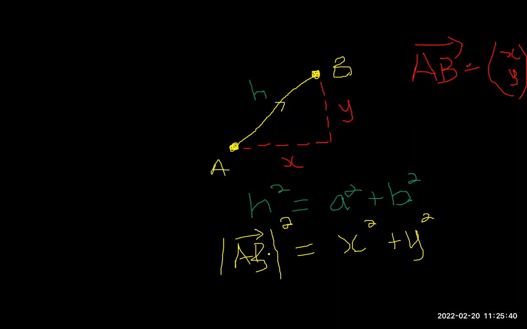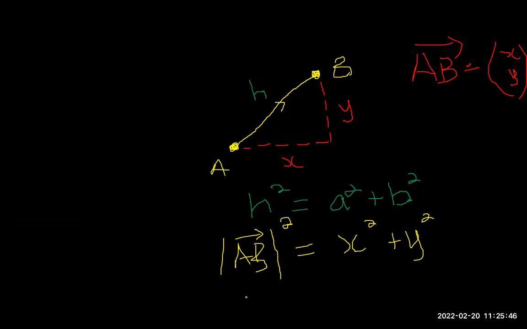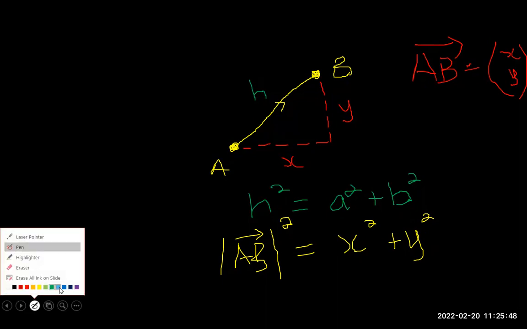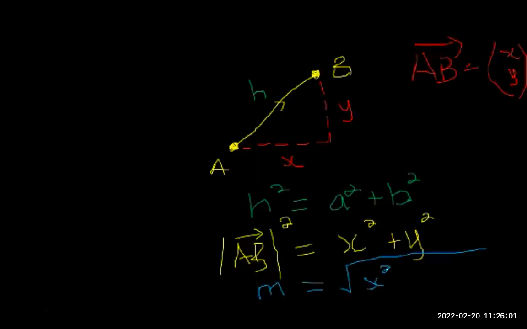If I want to find the magnitude, we know that we need to square root both sides. So I will end up with the magnitude of the vector AB, and I'm not writing that again, let me just put m for magnitude, would give me the square root of whatever my x value is squared plus whatever my y value is squared. Do you understand that?